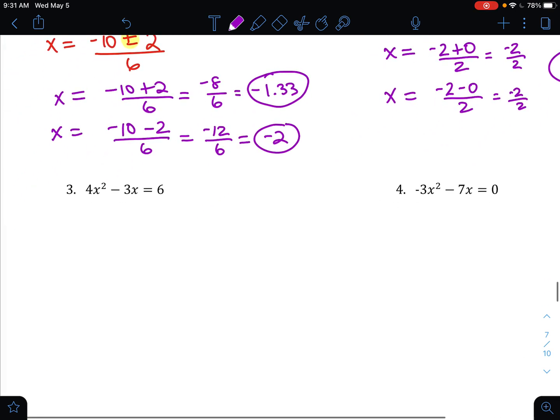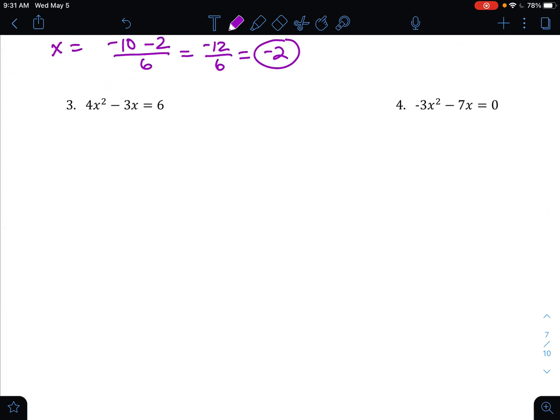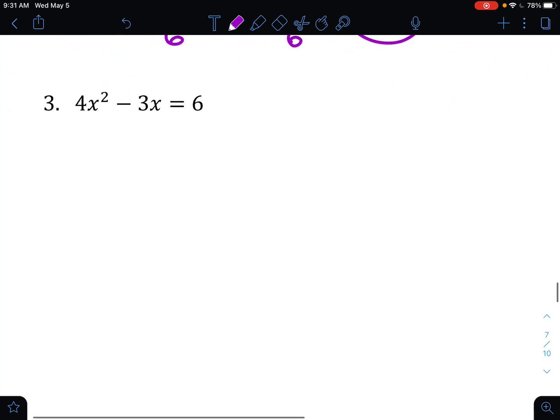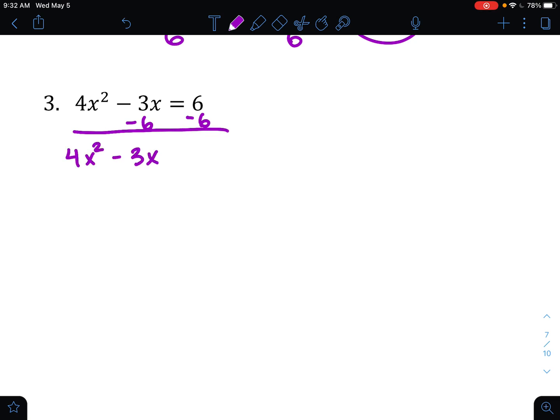Okay, let's keep going. Number 3. Step 1, I do not have it set equal to 0. So let's move the 6 over here to the other side. So I have 4x squared minus 3x minus 6 equals 0. Okay, so now I need A, B, and C. So A is 4.